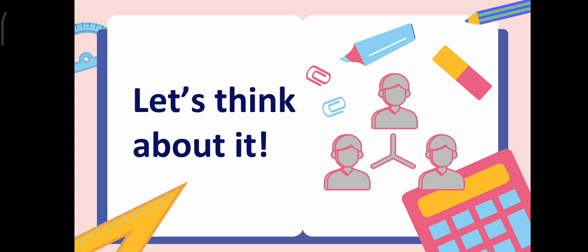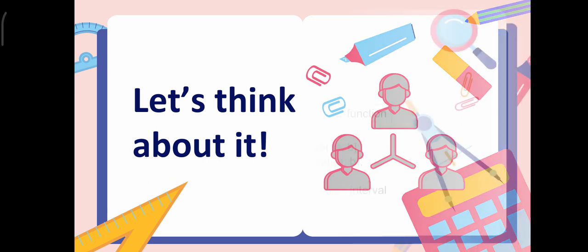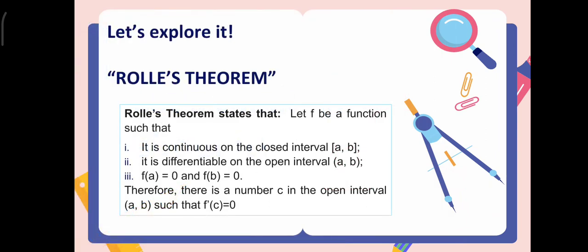Would it be possible to draw a graph so that there is not a point for which the derivative is 0? And explain your reasoning. You may contemplate your answer now. Okay, so let us now explore what the Rolle's theorem is all about.